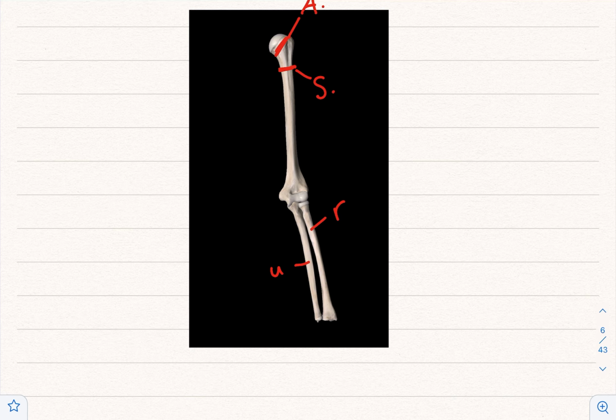What's the difference? If you look at it, here you've got the head of the humerus, which is a lot thicker, so there's more bone and it's harder to break. Here, it's a lot thinner, so that's why the surgical neck is easier to break. That's basically the difference between anatomical and surgical neck. You can get more breaks in the surgical neck than in the anatomical neck of the humerus.